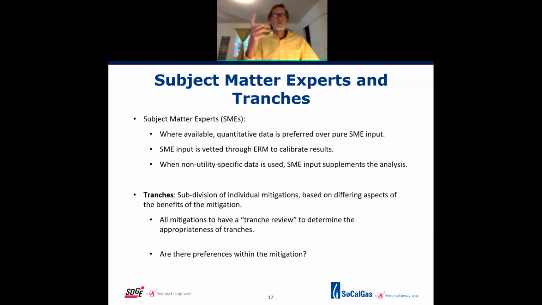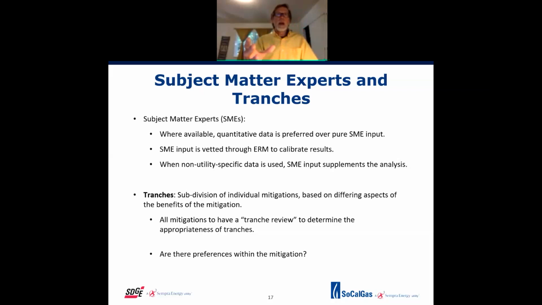But there are two ways that the analysis needs to be granular. One is with respect to the presentation of mitigations. Families of mitigations, et cetera, not good. Program by program, good, better, right? So that's one issue, granularity of mitigations.